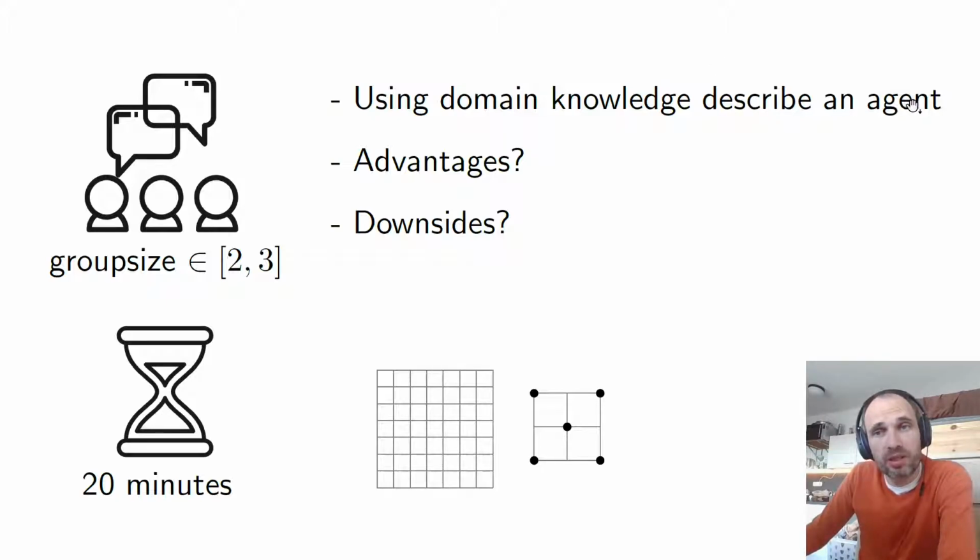Try to describe such an agent. Try to really write it down in a group of 2 to 3. Think about what are the advantages of this agent, right? So think about how difficult it may be to implement it, how difficult it may be to improve it, how strong do you think that agent would be. Think about downsides, why you may not want to have such an agent.